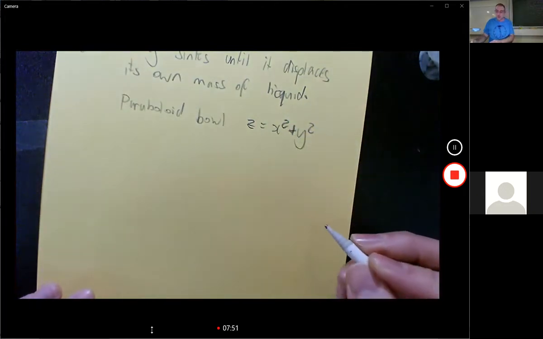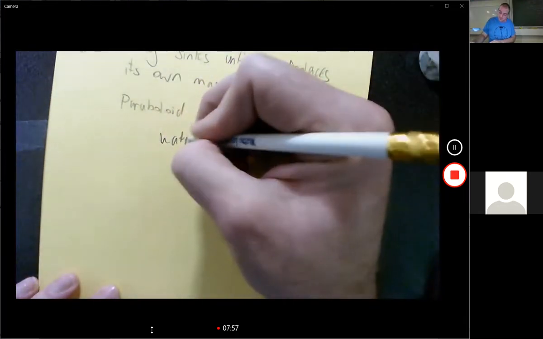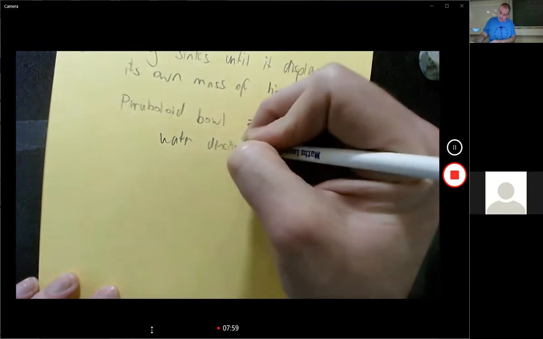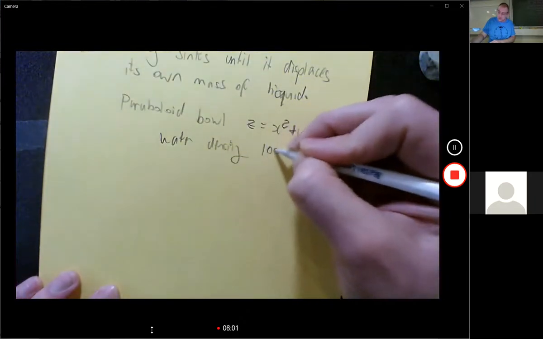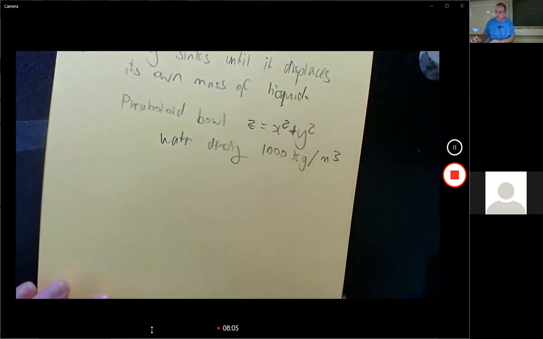A paraboloid bowl with shape z equals x squared plus y squared. Water has density 1,000 kilograms per meter cubed.